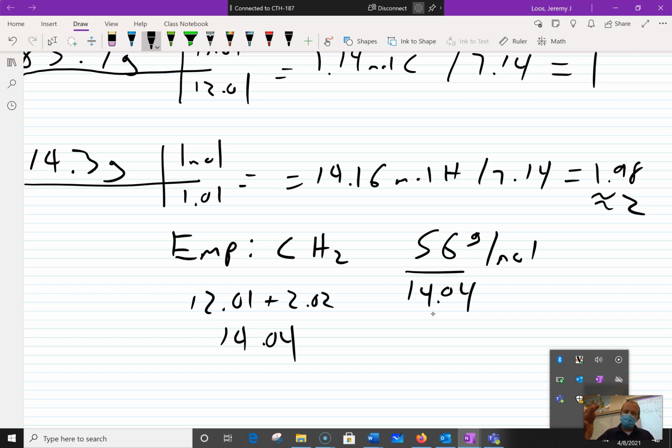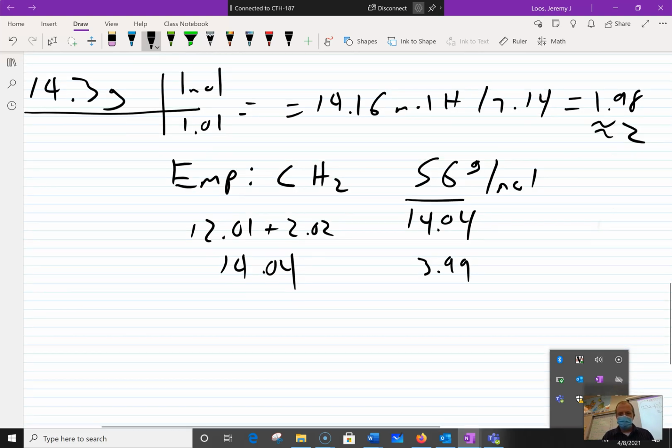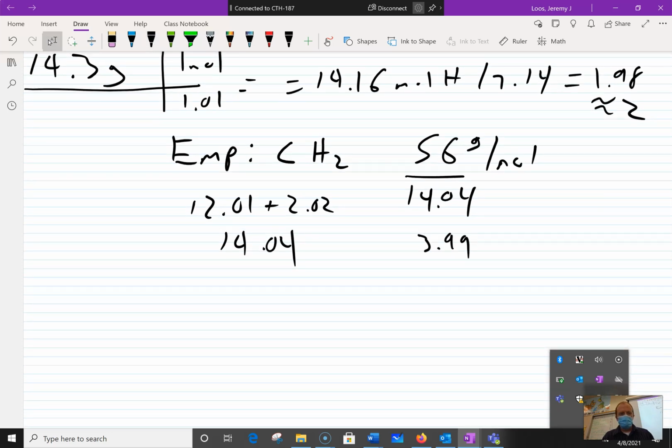Now, when we're doing this step, you should definitely be getting very, very close to a whole number. If you're not getting something spot on a whole number when you do this, you have made a mistake. So this is very close to 4, which means the real thing is going to be 4 times bigger than this. So what would it be?